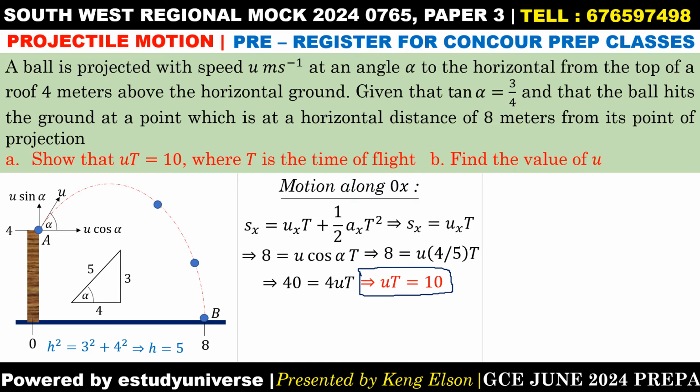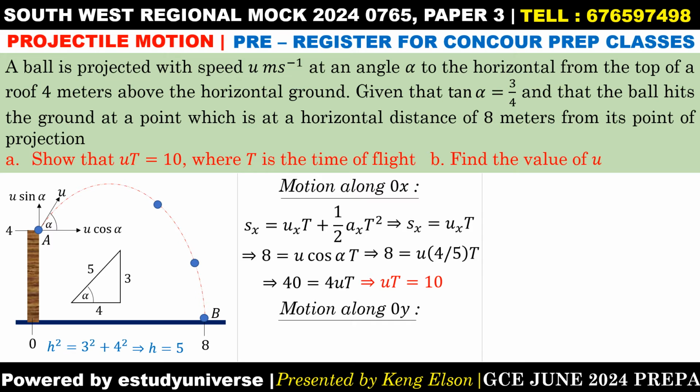Okay, now the second question, we need to find the value of u. This time around, we are going to consider motion in the vertical direction, that is motion along OY. To get motion along OY, we are also going to deal with the vertical distance traveled.